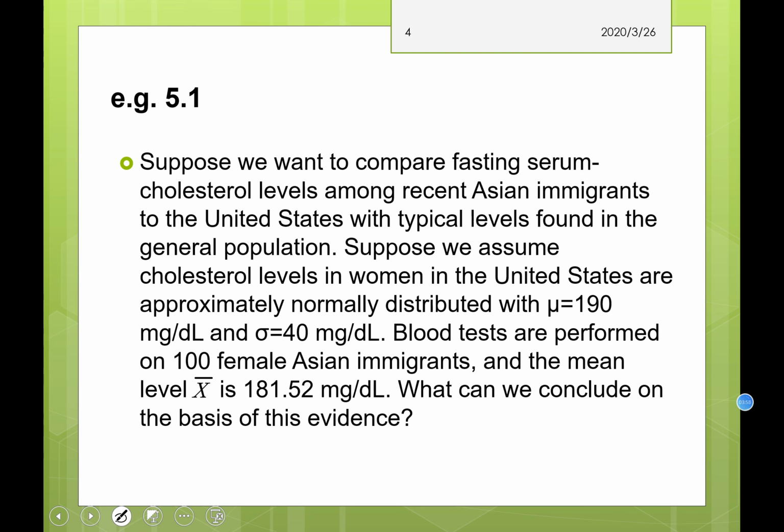So here, let's think about the question at first. What can we conclude on the basis of evidence? That means the question is to identify if there is any difference between the two populations or not.